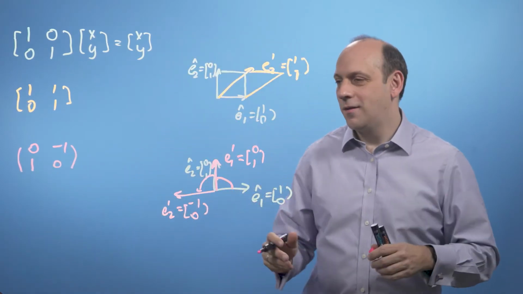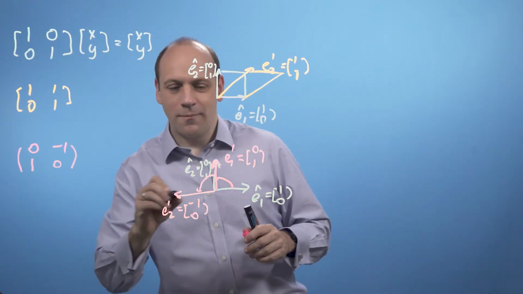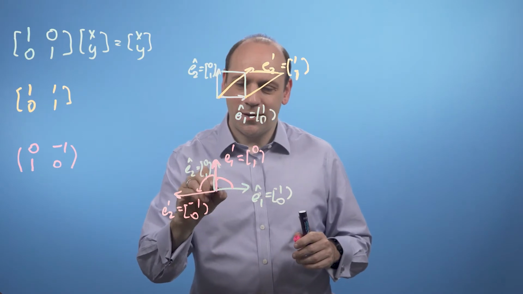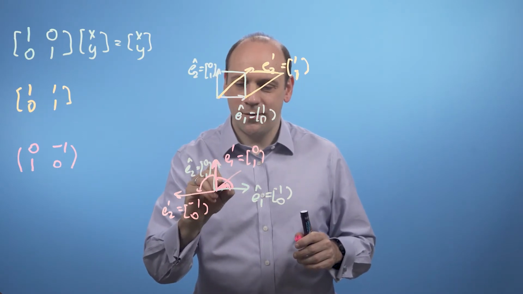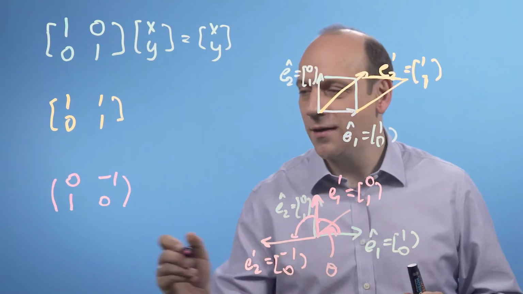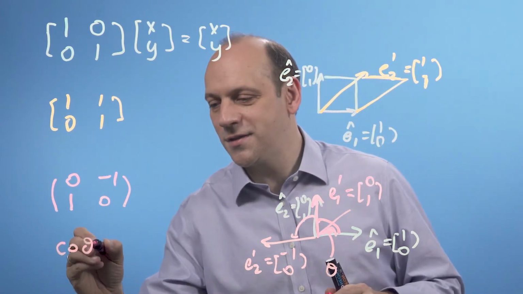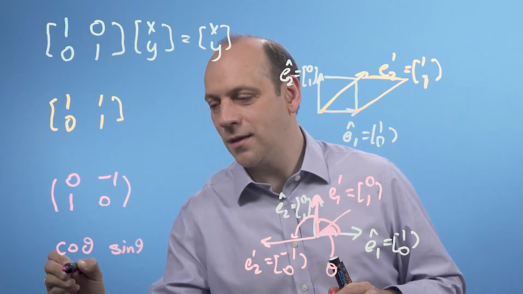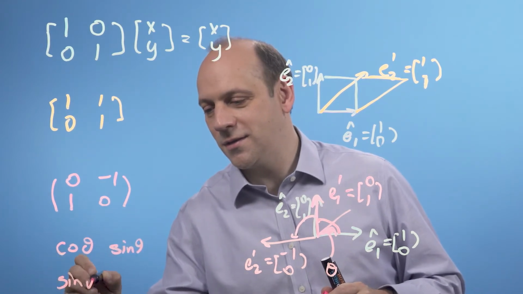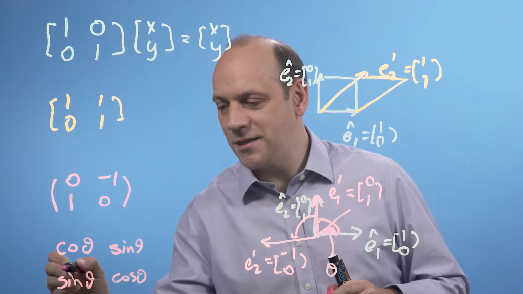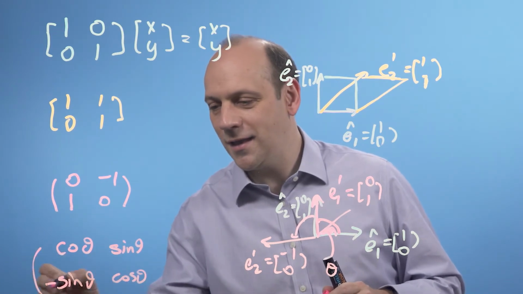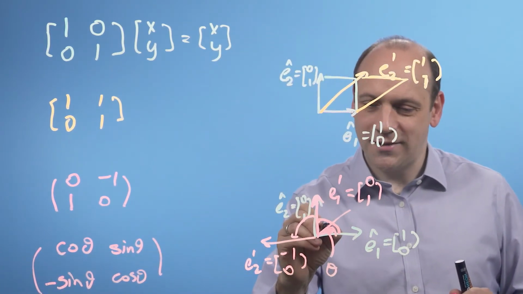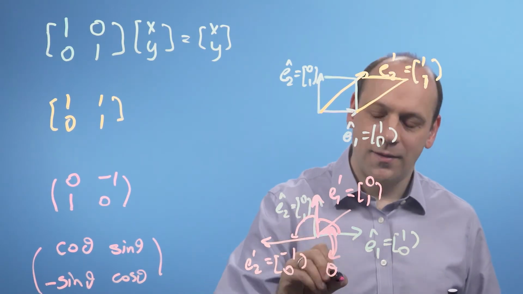And in general, I can write down a rotation by an angle here, let's say an angle of theta. I can write that down as being cos theta, sine theta, sine theta, cos theta. And I need to put a minus sign in here where positive thetas are actually that way.